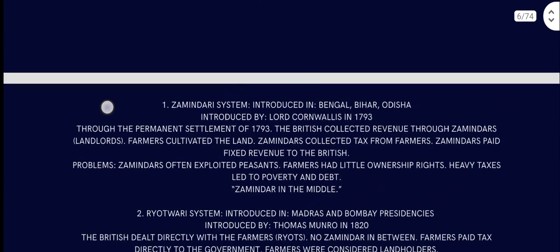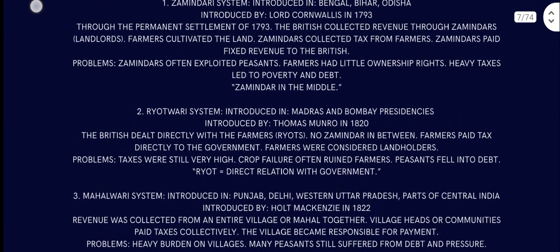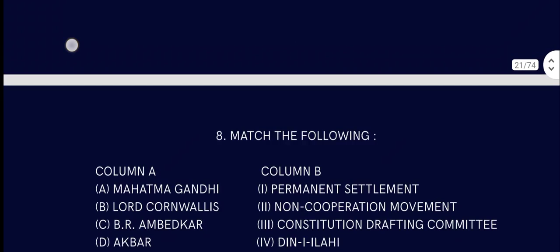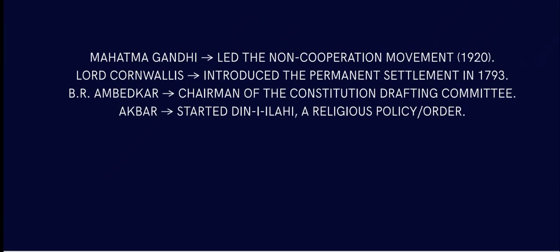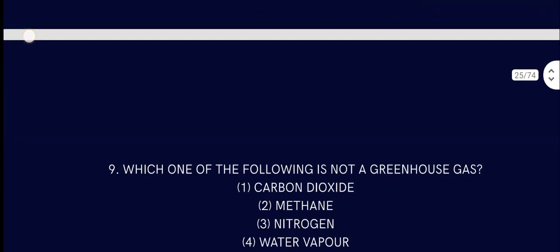Lord Cornwallis's permanent settlement is another name for the Zamindari system. So you should know that, I think. B.R. Ambedkar, chairman of the Constitutional Drafting Committee, and Akbar started the D.El.Ed, a religious policy or order.